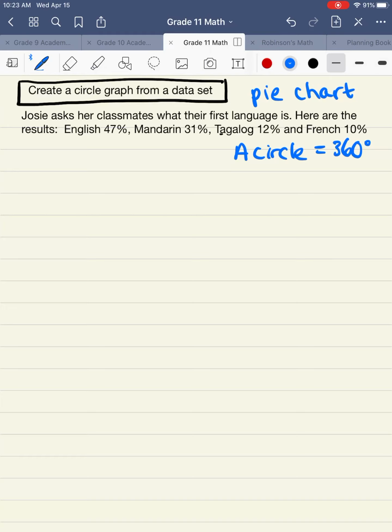And we're going to use this to guide us when we're trying to figure out how many degrees each percentage should take up in our pie chart. So we're going to be converting from percent to degrees.